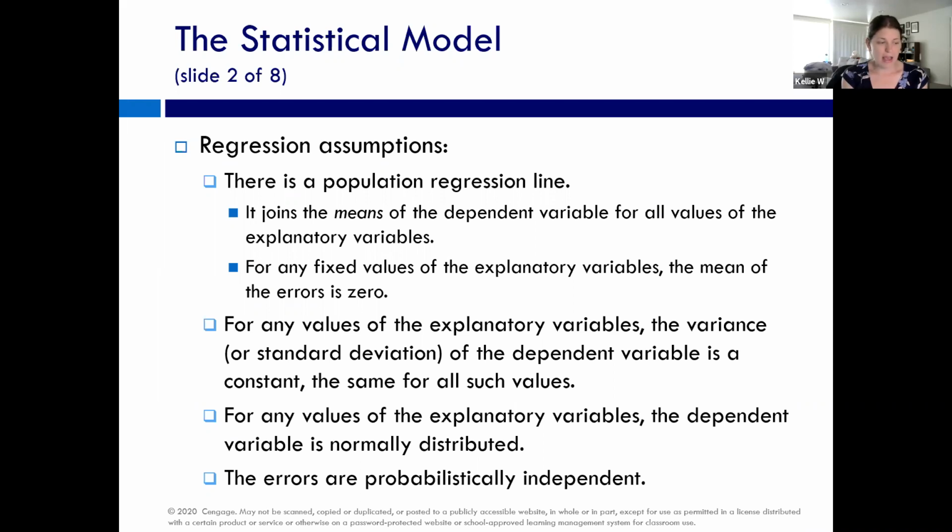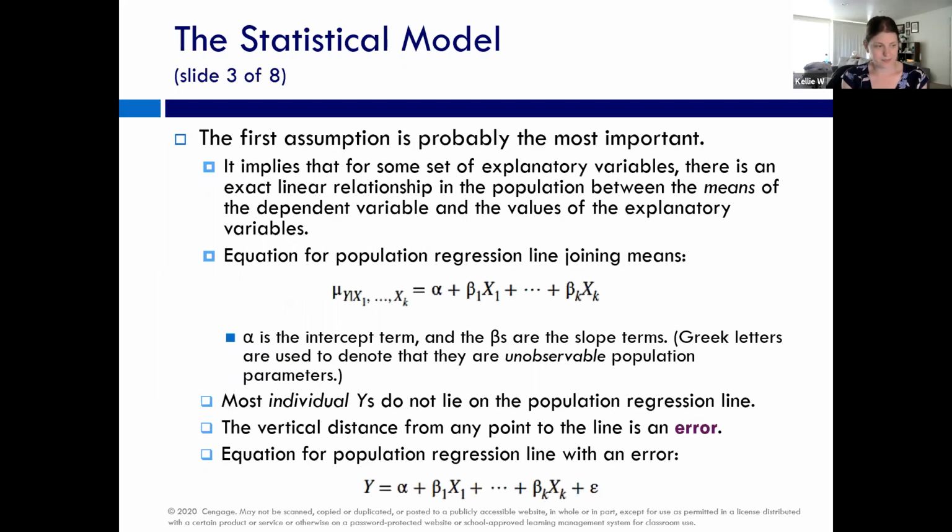For any values of the explanatory variables, the variance of the dependent variable is constant. And normally, the dependent variable is normally distributed for any values of the explanatory variables. And the errors are probabilistically independent.